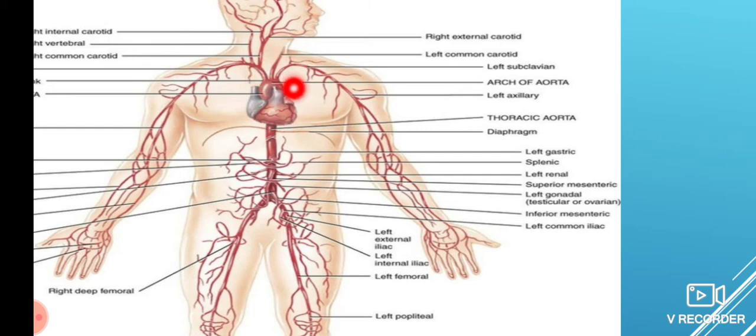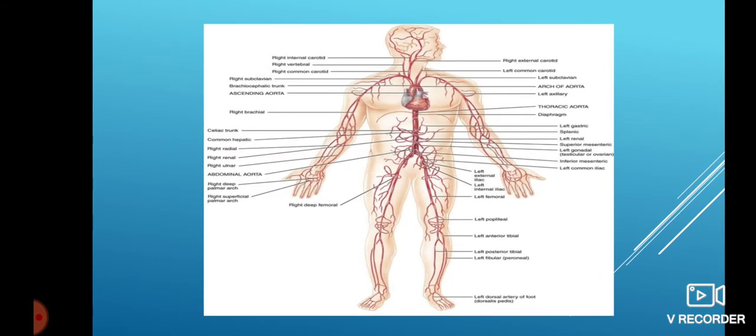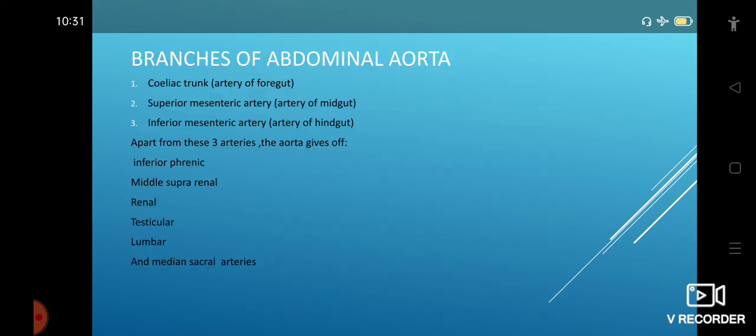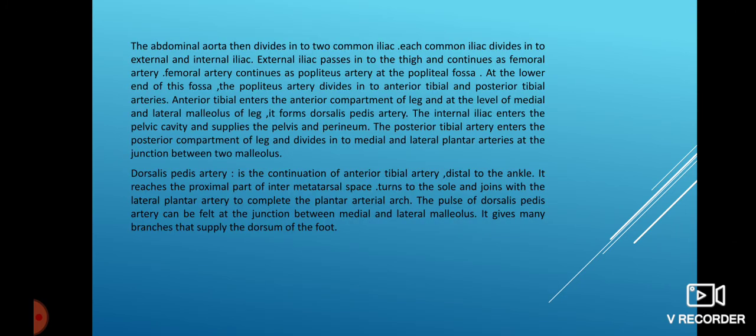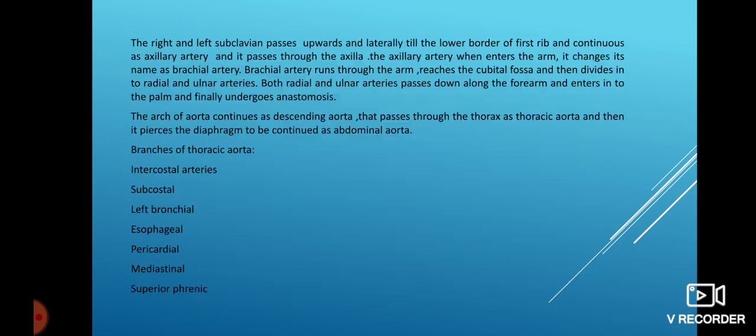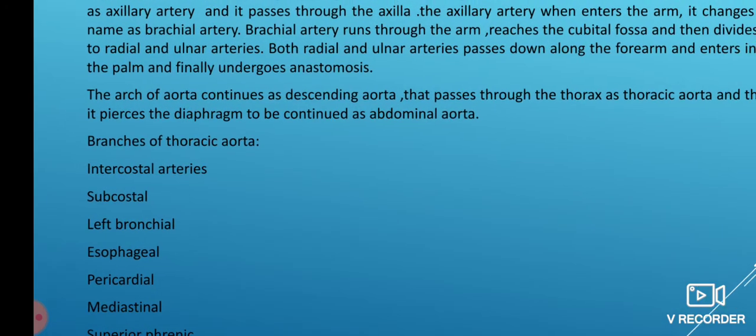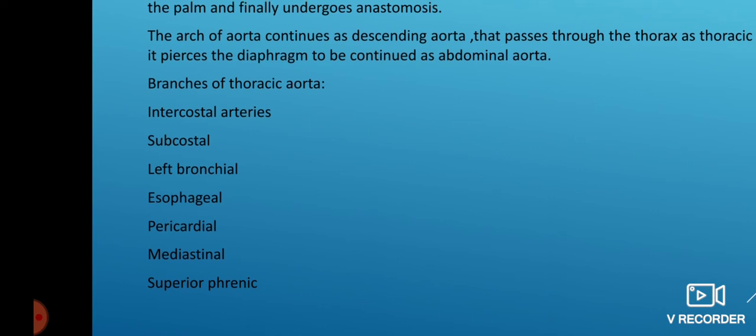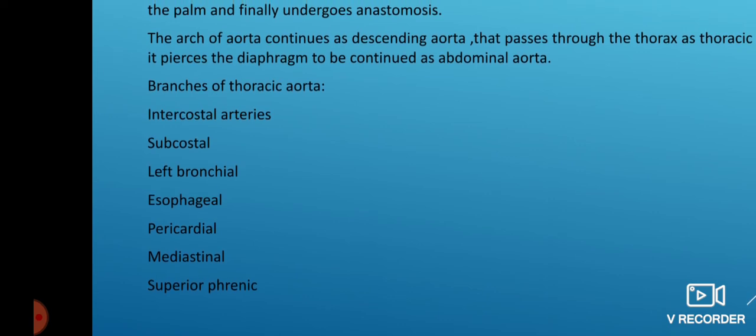While passing through the thoracic cavity, it gives many branches that supply the structures within the thoracic cage. And these branches are intercostal arteries, subcostal arteries, left bronchial artery, esophageal artery, pericardial artery, mediastinal artery, superior phrenic artery.